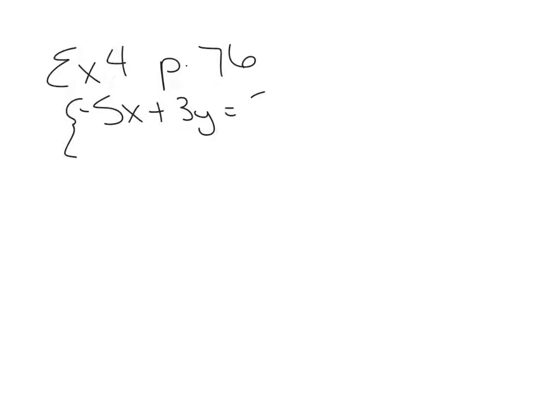Okay, example 4 on the top of page 76, still solving using elimination, says negative 5x plus 3y equals 55, 7x plus y equals 1. The first thing we look for is are the equations both in standard form?